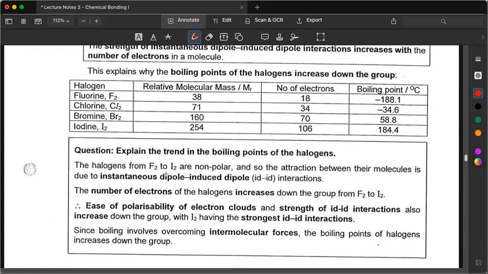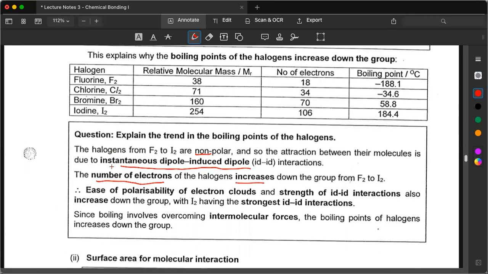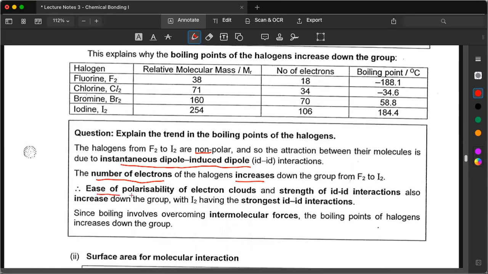So how do you explain in exam? The halogens are non-polar, so the attraction between molecules is due to ID-ID interaction. You must acknowledge, number one, they are non-polar molecules, and the dominant force of attraction is ID-ID. You must also explain that down the group, the number of electrons increases, and therefore the ease of polarizability of electron clouds and the strength of ID-ID interactions will increase.